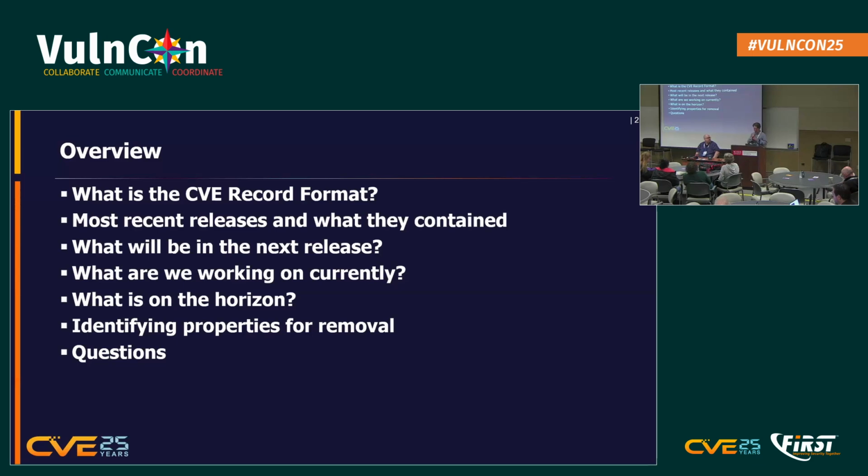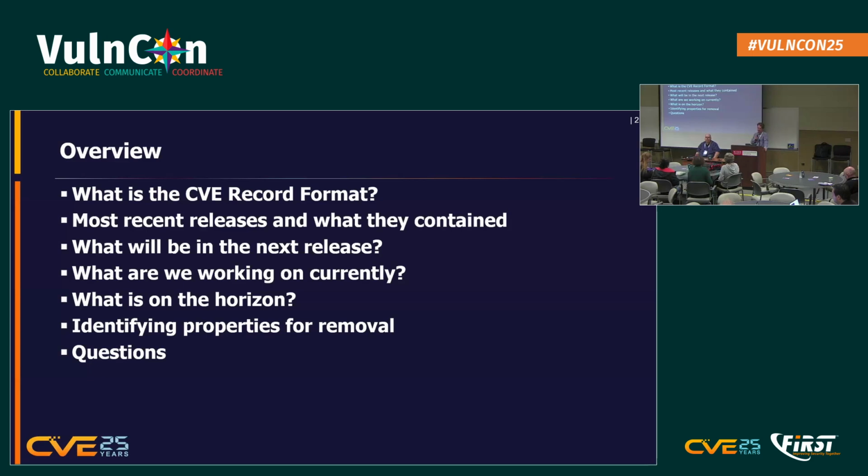Excuse us for our handoffs too. We didn't pre-plan. So, an overview of what we want to cover. We want to cover what the record format is, for those of you that might not be familiar. What have we recently released as far as features and updates? What we've already put into our GitHub repo, which we'll touch on in a little bit.